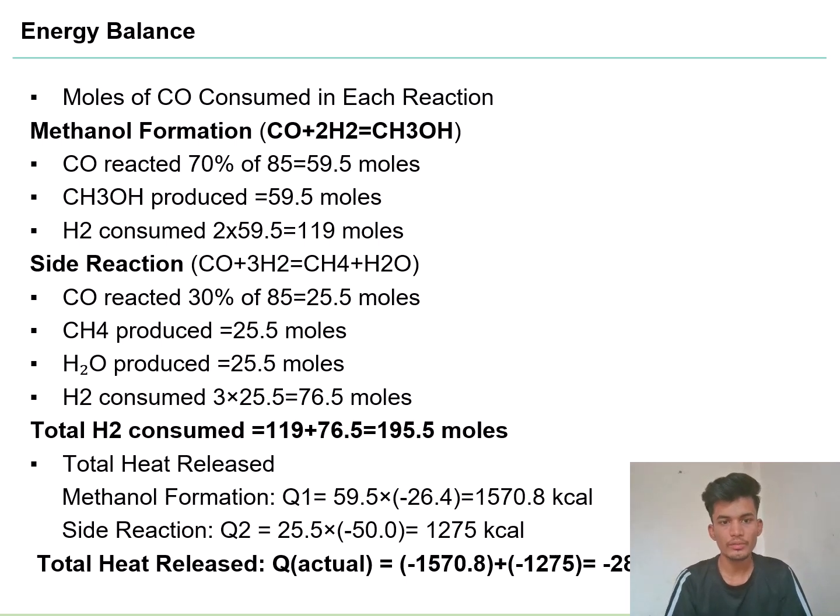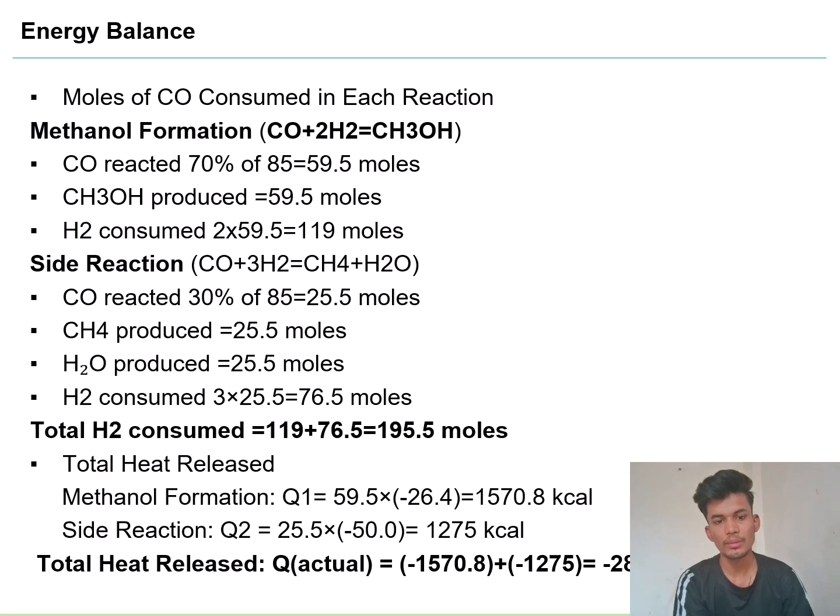So the first reaction gives 70% yield, of 85. We get 70% of 85, which is 59.5 moles, and methanol produced is 59.5 moles. H2 consumed is 119 moles.